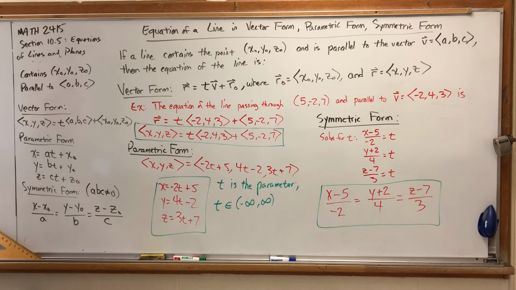So in your homework for 10.5, when I assign it, pretty much all of the questions about lines involve one or possibly more of these forms of the equation of a line.